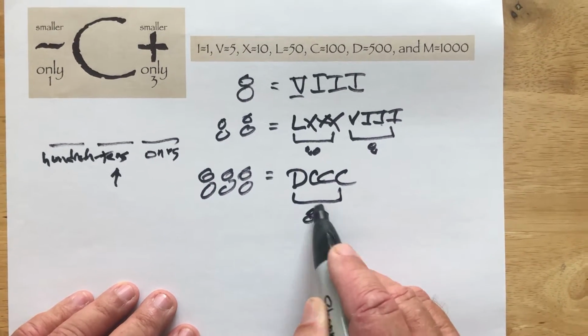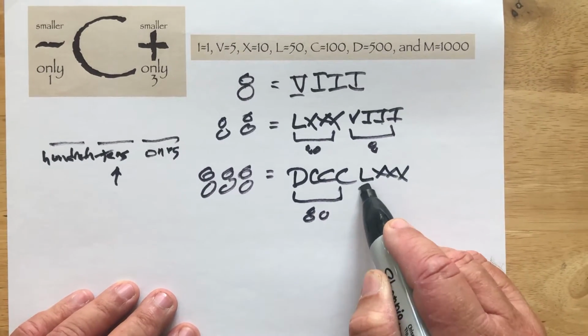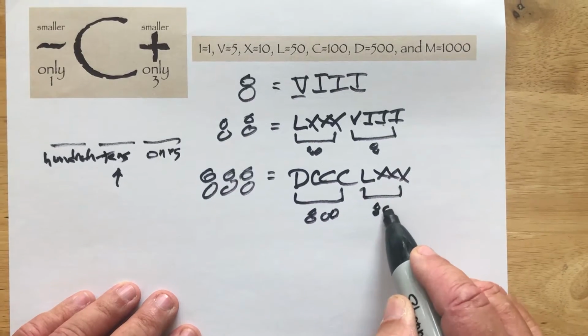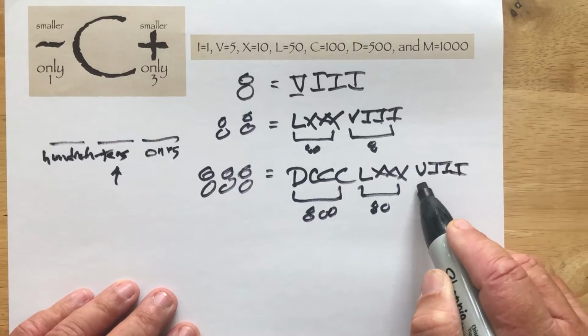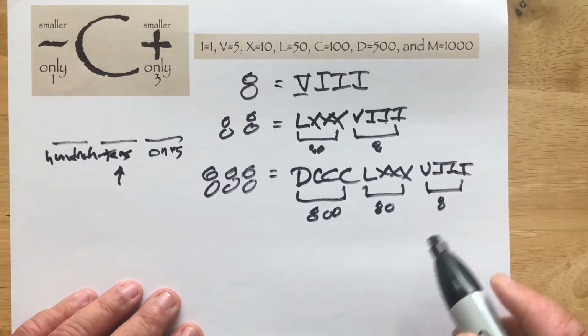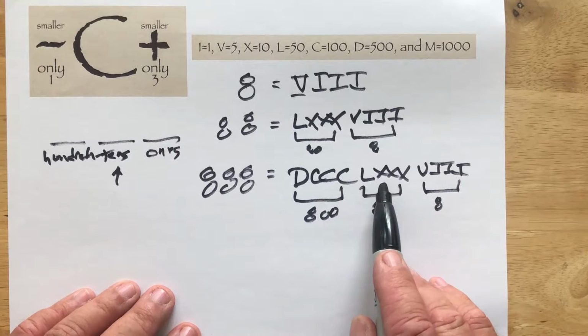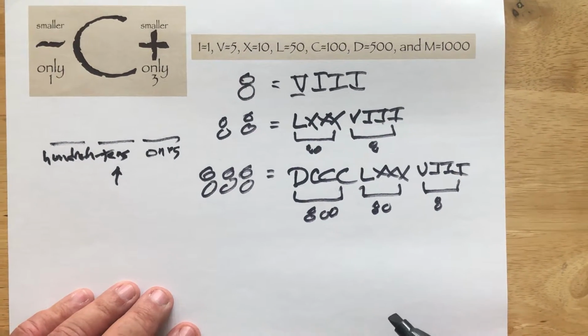That's 800. 80 is LXXX. This is 800, I should say. This is 80. And 8 is VIII. So the Roman number for 888 is DCCCLXXXVIII.